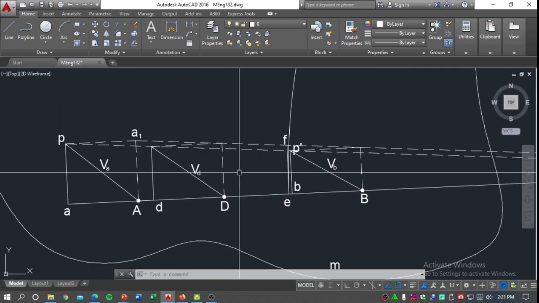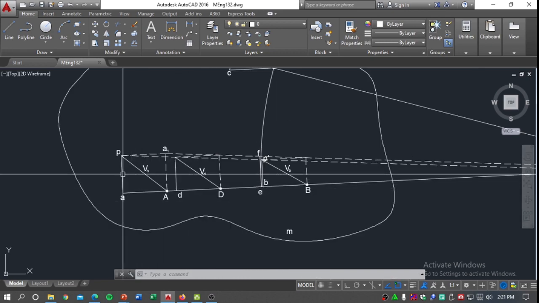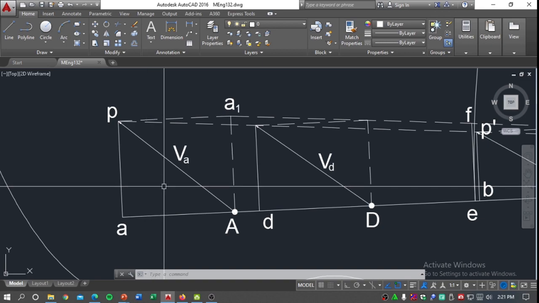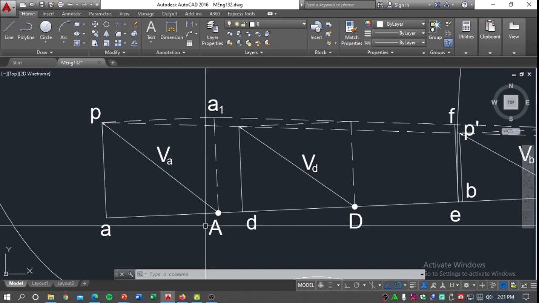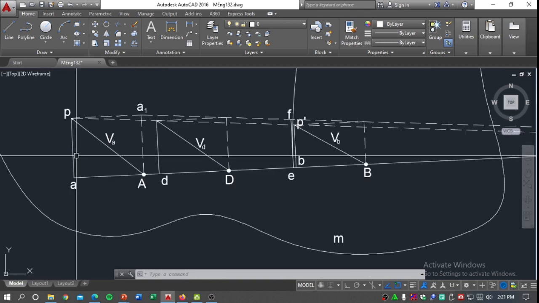So what we did in getting the velocity vector for point B was a projection of the components of velocity vector VA by resolving it into components AA and AP.